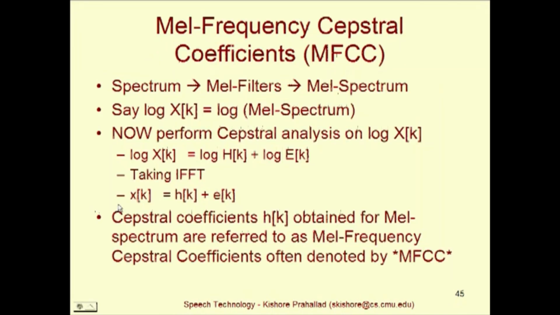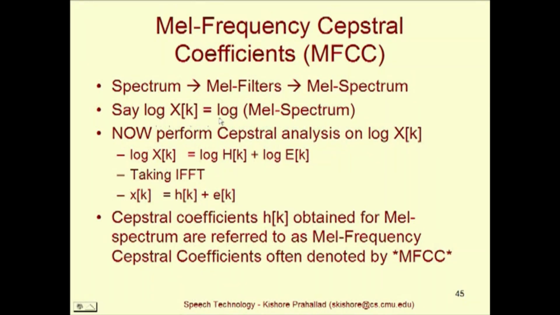What you get out of it is, if you have a spectrum and apply Mel filters, you get the Mel spectrum. Let's say we denote this Mel spectrum as X(k).